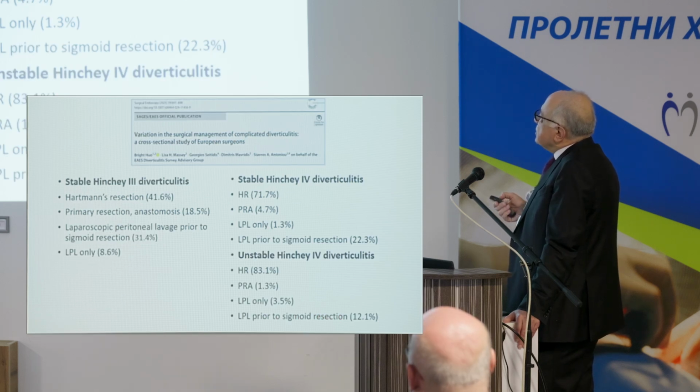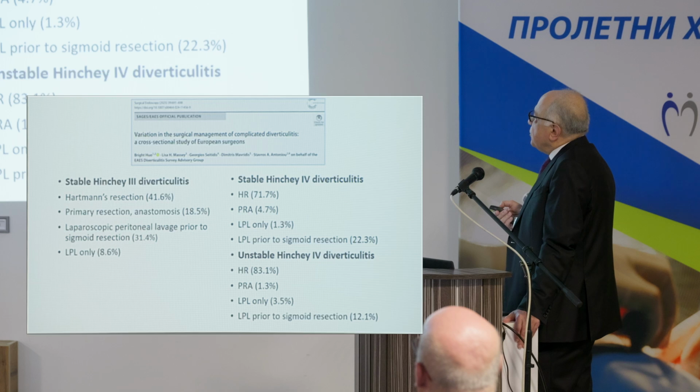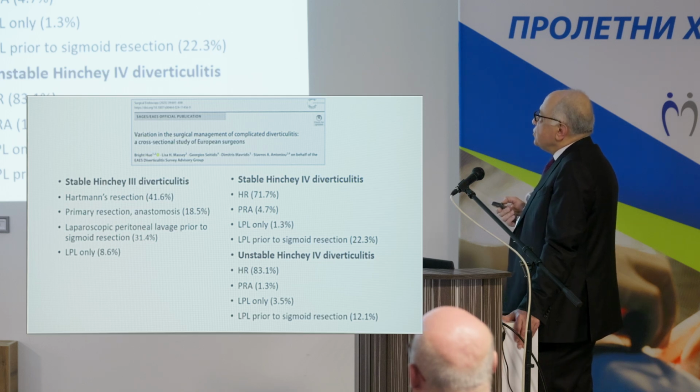This is a really very recent paper published in Surgical Endoscopy. There is a huge variation in the surgical management of complicated diverticulitis in European countries. For stable Hinchey 3 diverticulitis, for example, some surgeons prefer the Hartmann procedure. The choice of primary resection anastomosis is very low, but laparoscopic peritoneal lavage prior to sigmoid resection is a little bit high, and lavage only is around 9%.